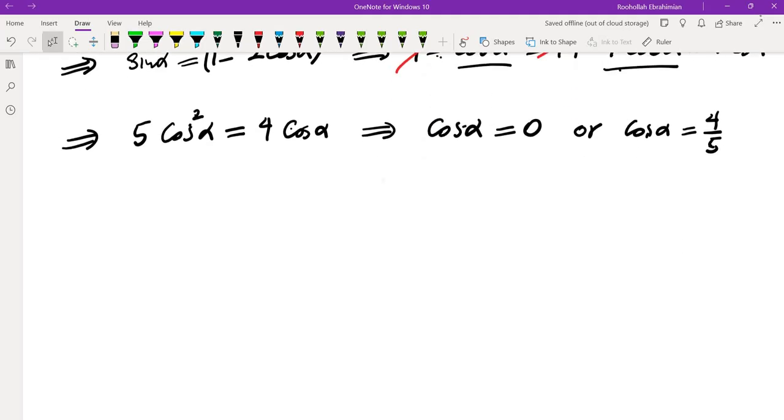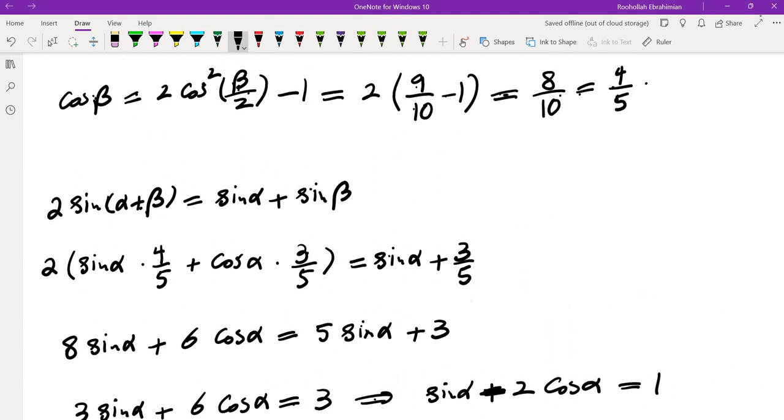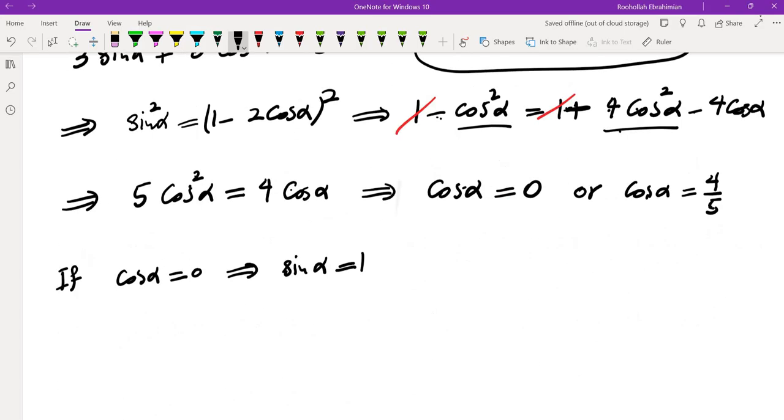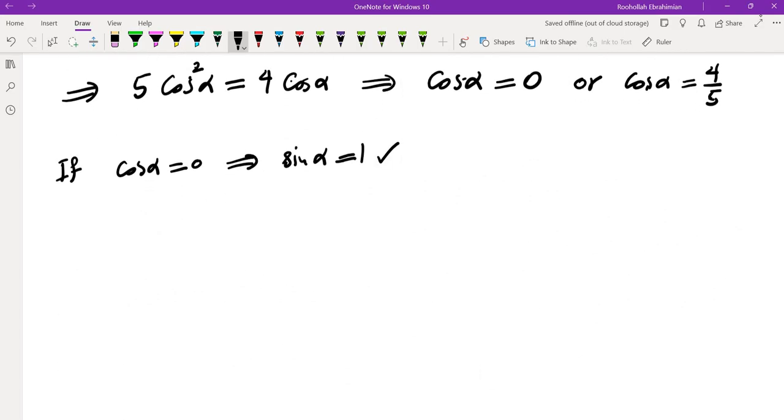Let's see what happens in the two cases. If cosine of alpha is 0, then sine of alpha is 1 because it's in the first or second quadrant, and we do have the equality that we have here. So this is in fact one possible scenario.